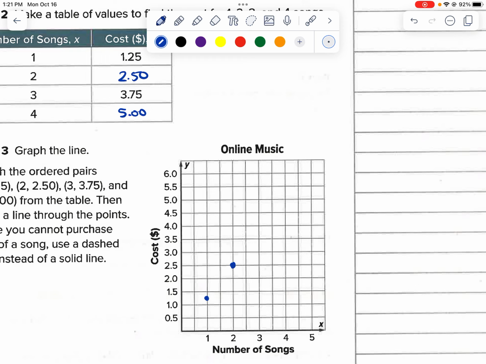There we go. 3 is $3.75, and 4 is 5. And it's proportional, so it goes through 0, 0. And there you have it.